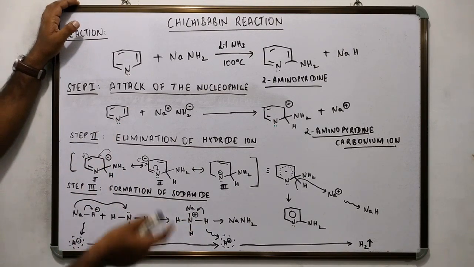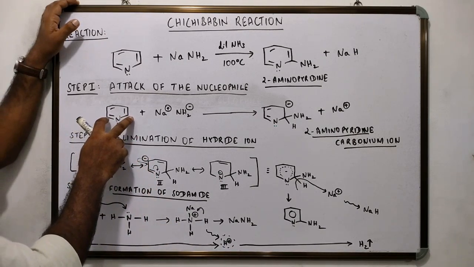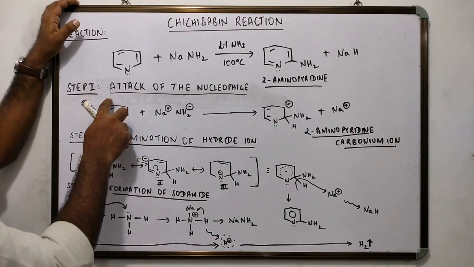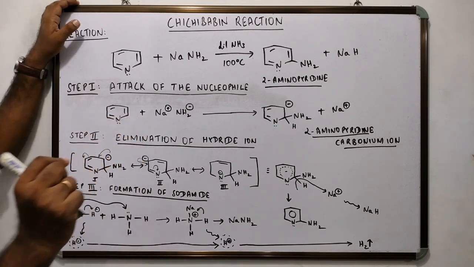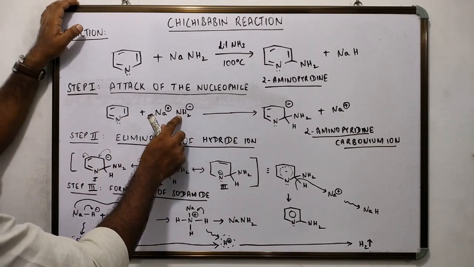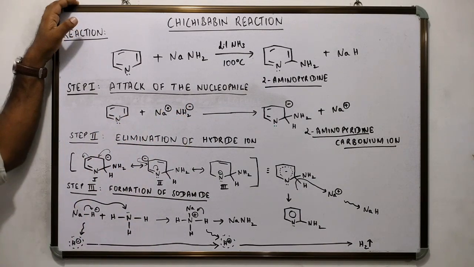This electron scarcity is denoted by a positive sign, and this positive sign is particularly high at the ortho and para positions. It is these positions that attract a nucleophile, like NH2- in this case, towards the pyridine ring.